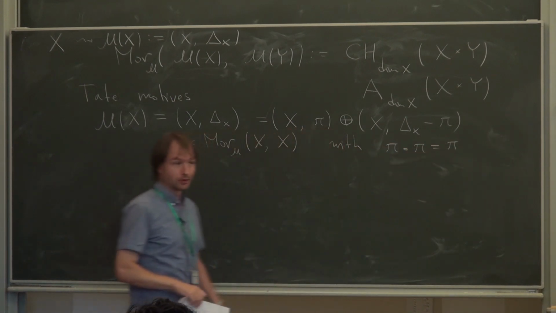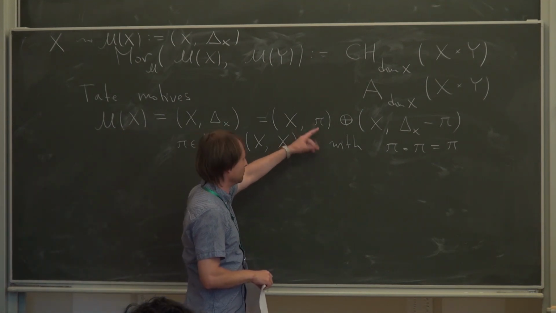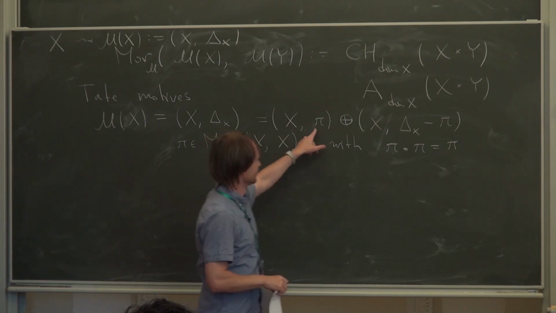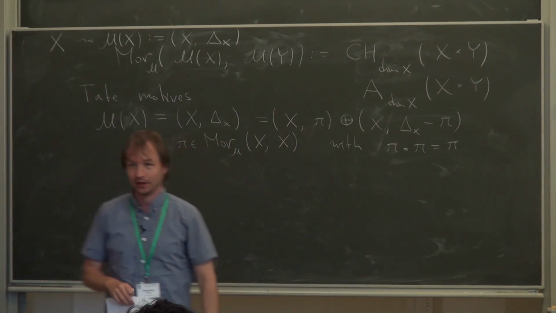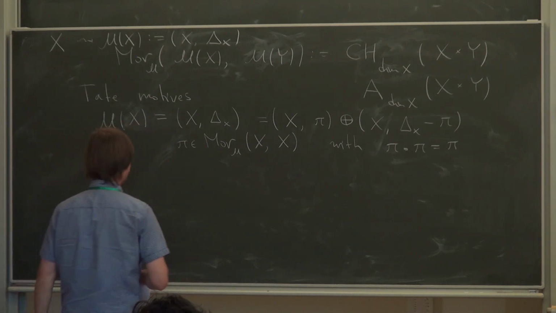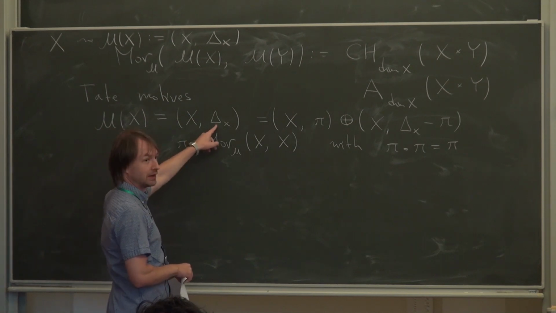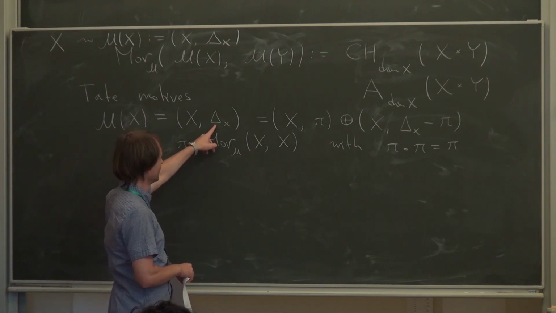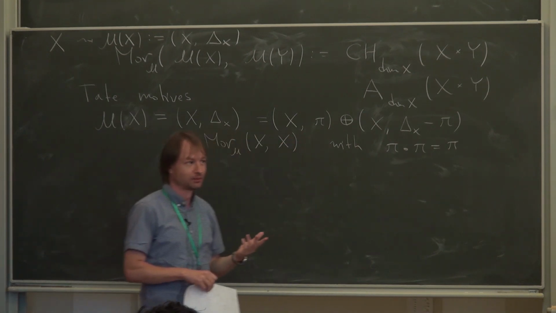Then, of course, if possible, we can continue to decompose this motif and that motif, until we get a complete decomposition as a direct sum of indecomposable motifs. This is the way we do it. We take the diagonal morphism and try to write it down as a sum of pairwise orthogonal projectors.